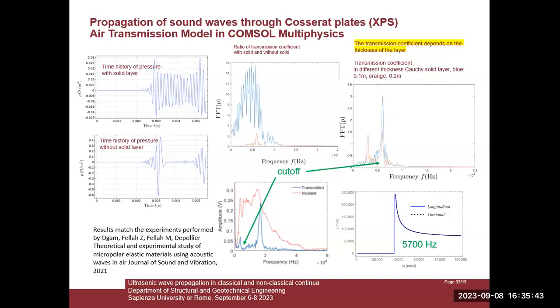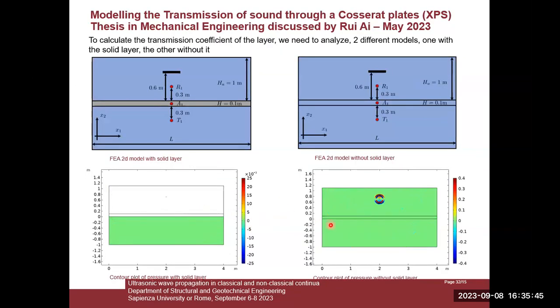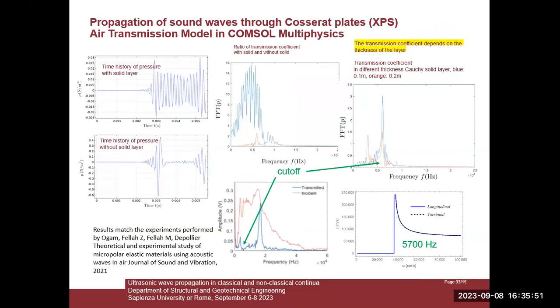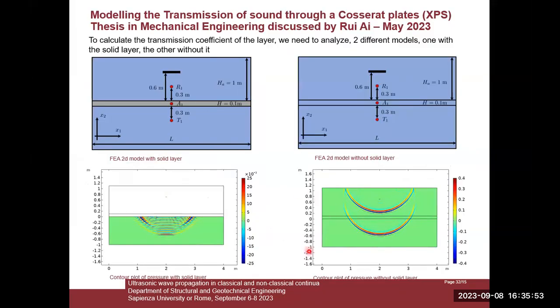This is the reason why we modeled these two cases. One is with the layer, the right one is without the layer. And this operation serves for you to calculate the transmission coefficient.